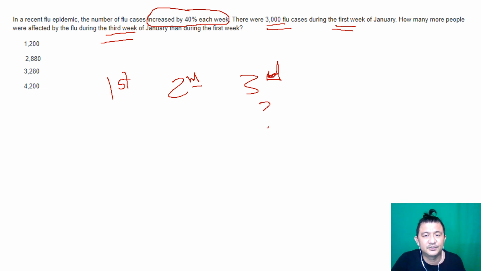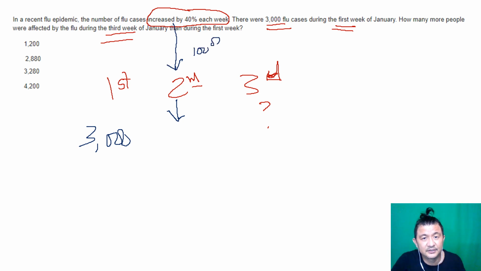But on the first week, what do we know? On the first week, there is 3,000 cases. So in the second week, an increase of 40%. So that's 100% plus 40%, so 140%. So I'll have to multiply this by 140% of that to the left times 1.40.